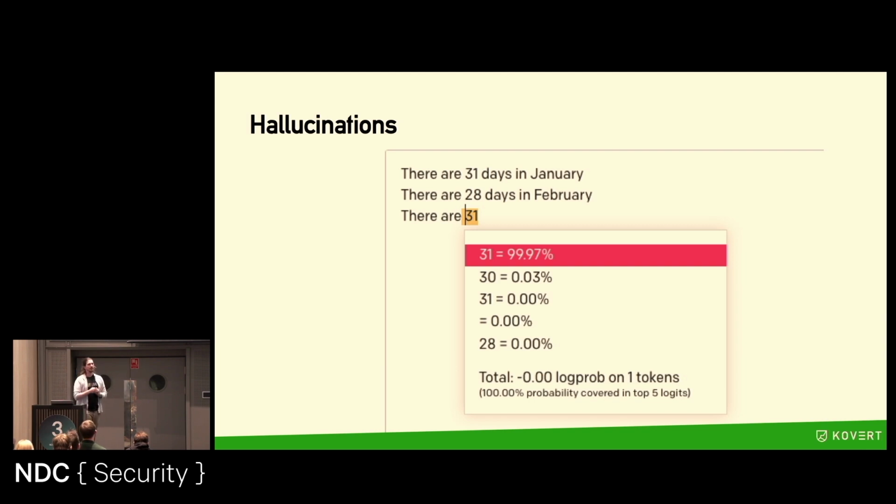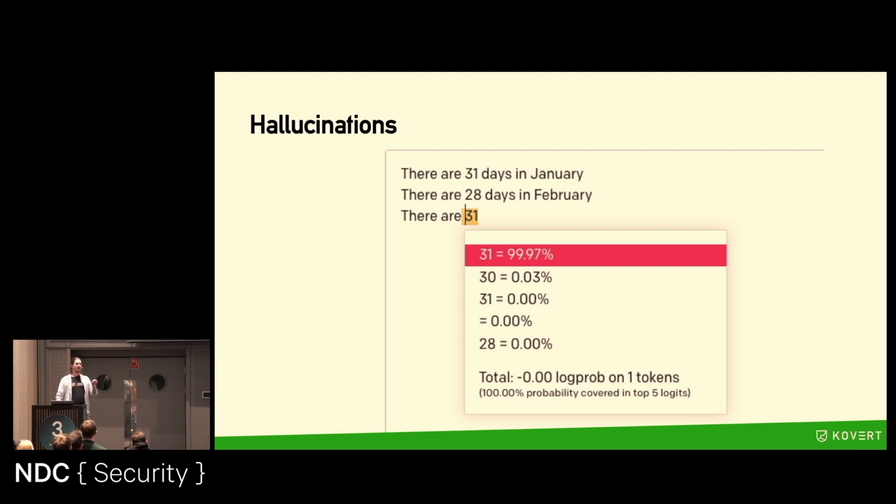And when you think about it, there are multiple different ways hallucinations can arise in the models. One of them is if we have this text, there are 31 days in January, 28 days in February, there are 31 days in March, obviously. But if we have a look at the probabilities of the tokens, there's a slim probability that it will say 30 instead of 31.